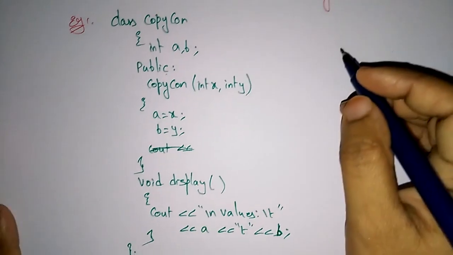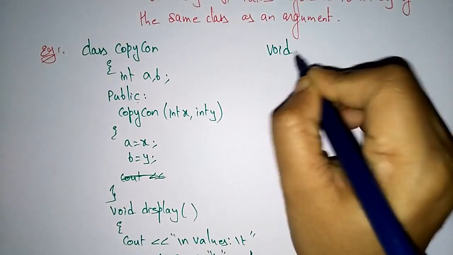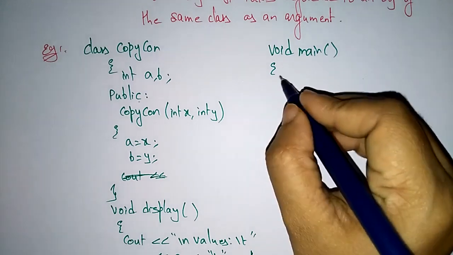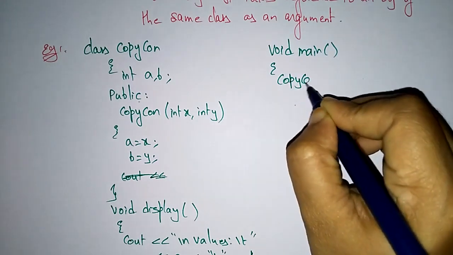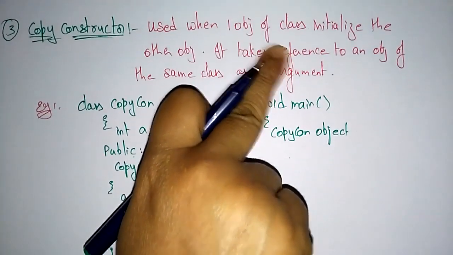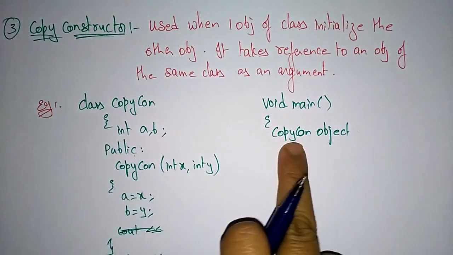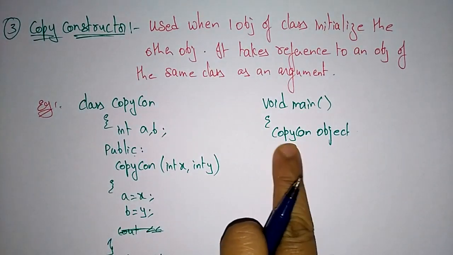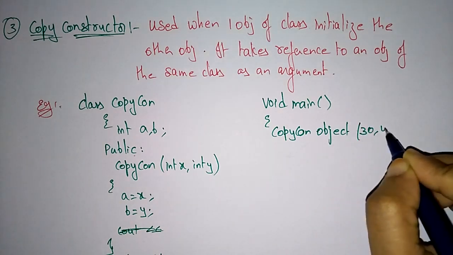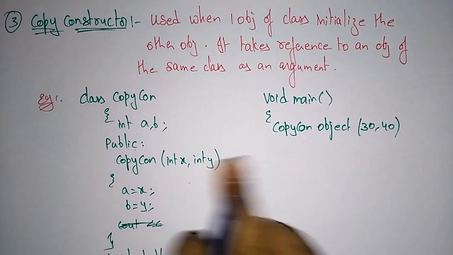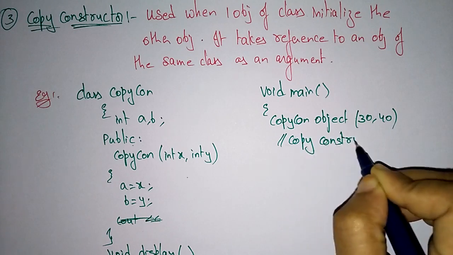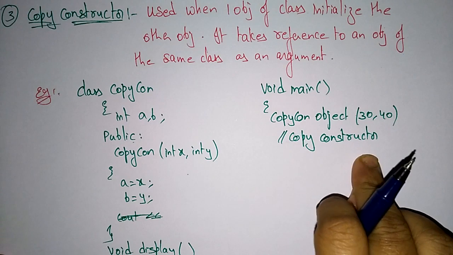So let us see the main program. void main. Now call this copycon object. It is used when one object of a class initializes the other object. So I take copycon object as an object, with values 30, 40 for int x, int y. Okay, so this object, now the copy constructor. Just see the difference, how I am using the copy constructor.